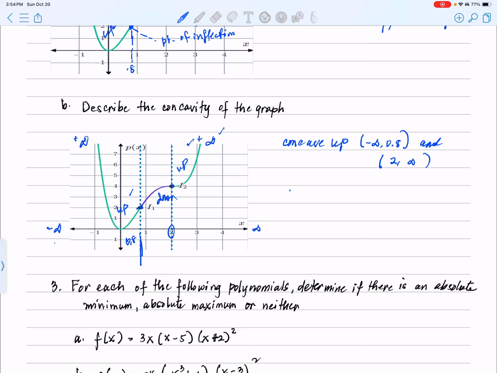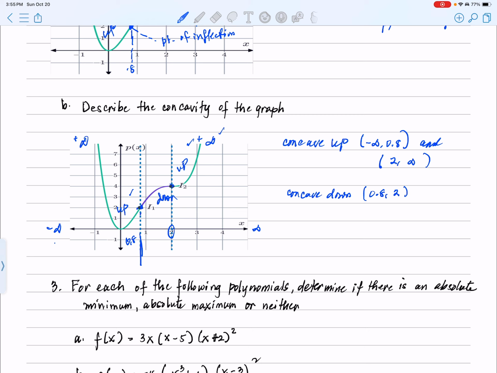For concave down, we have only one concave down. So I have here a 0.8 and a 2 for concave down right here.